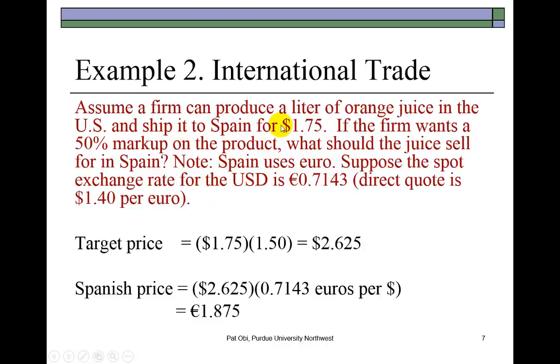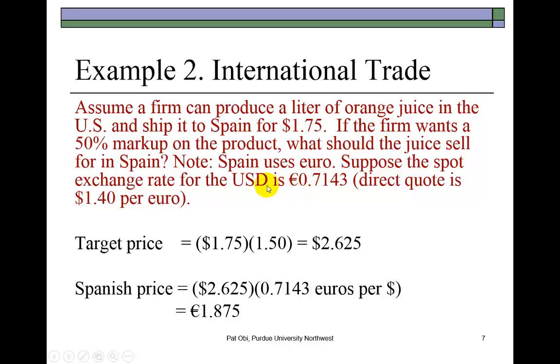Here it says a firm can produce a liter of orange juice in the US and ship it to Spain for $1.75. If the firm wants a 50% markup on the product, what should the juice sell for in Spain, where the euro is the currency in use?